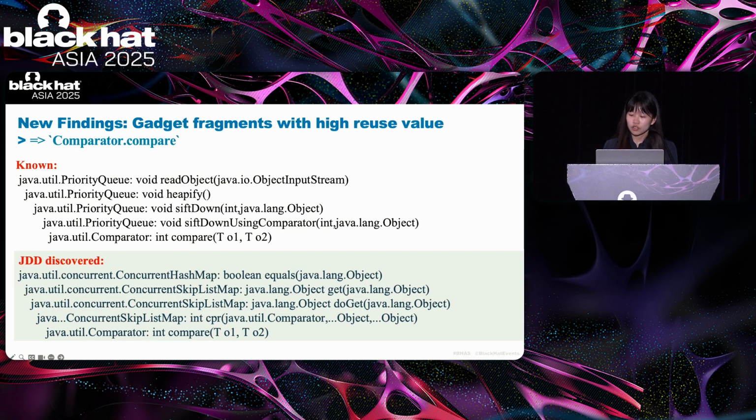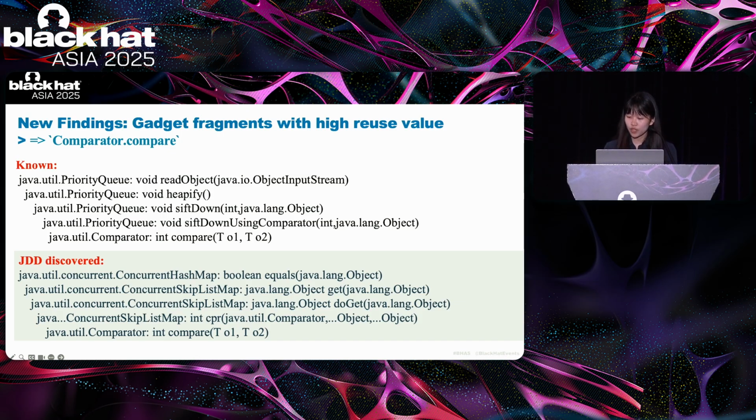Next, as we discussed earlier, deserialization vulnerabilities are difficult to fully defend against, and can often be exploited by attackers through the replacement of certain gadget fragments to construct new exploitable chains. So to help developers identify potential bypasses, we present some notable gadget fragments.